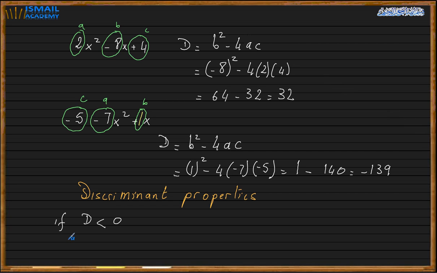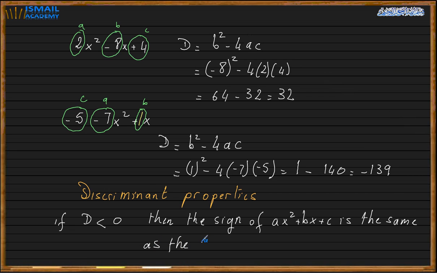When the discriminant is less than 0, it means that the sign of ax squared plus bx plus c is the same as the sign of the leading coefficient a.